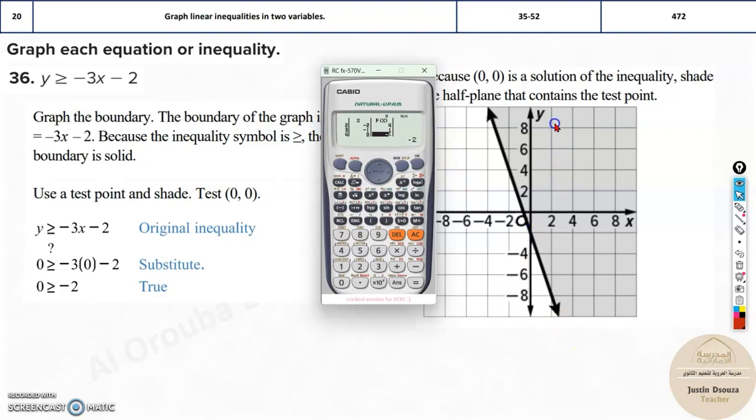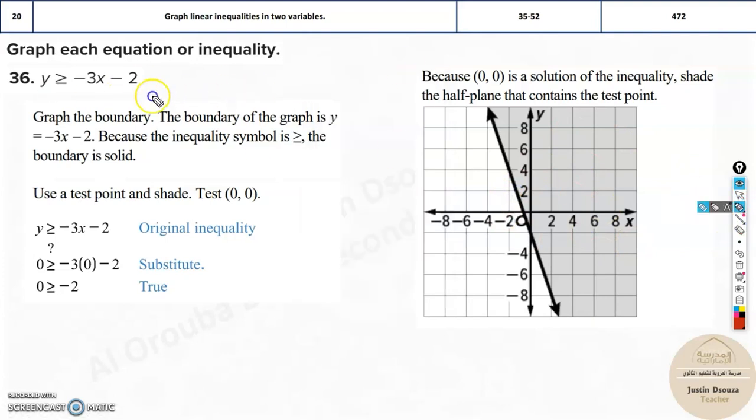It should match. Now, once you get this graph, or you can just look over here, negative 3x and minus 2. So the y-intercept is at minus 2. Negative means it's downwards. What does this 3 mean? It means the slope is 3: when the x value of 1 is taken, the y value changes by 3.